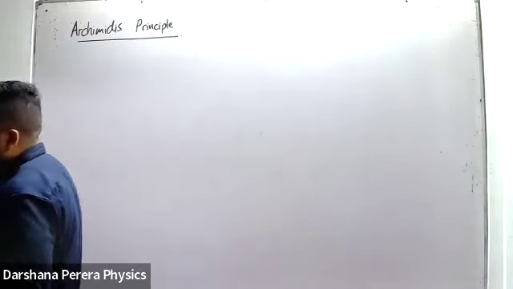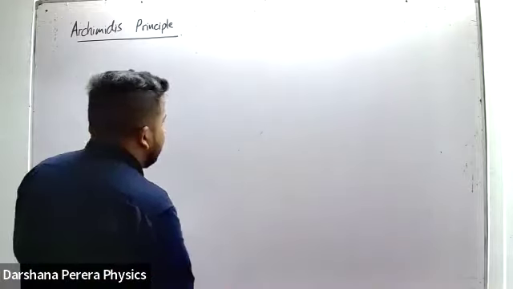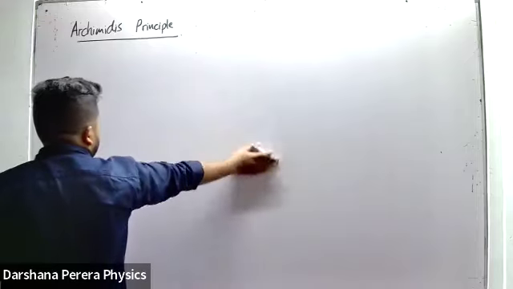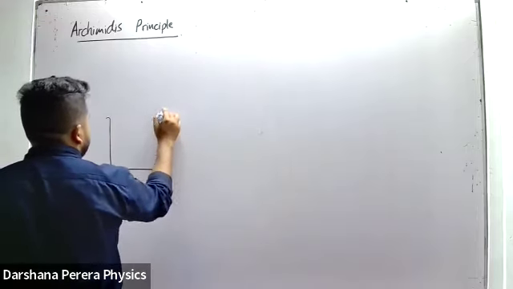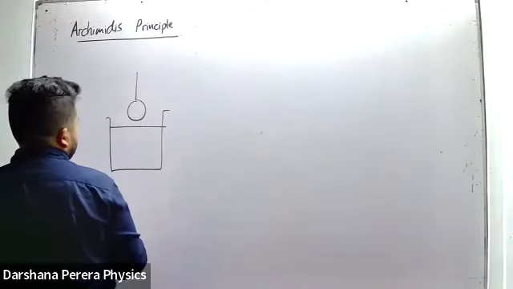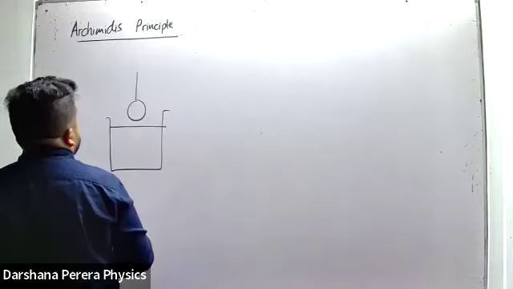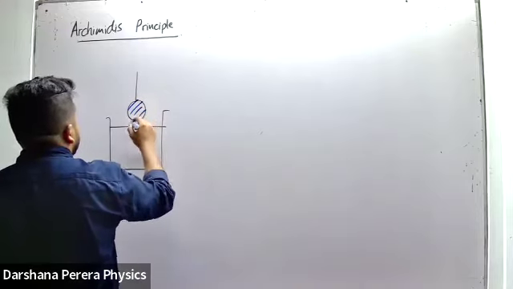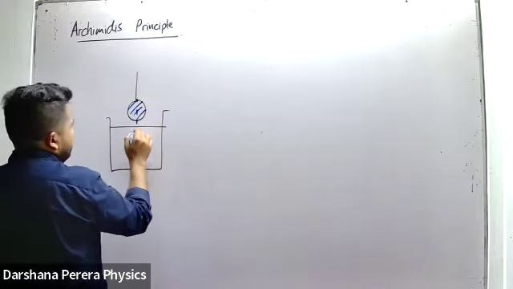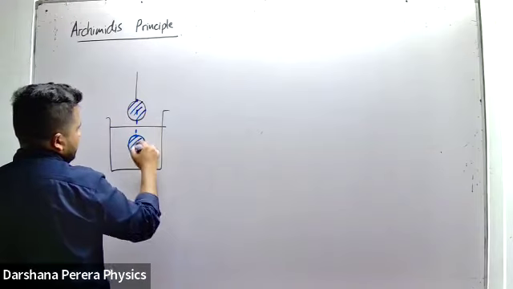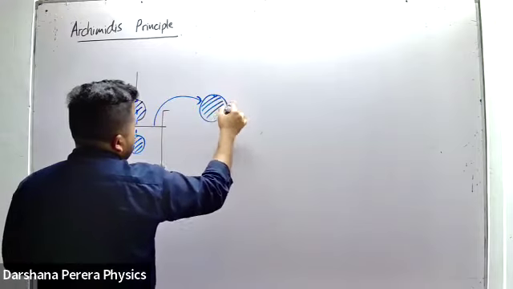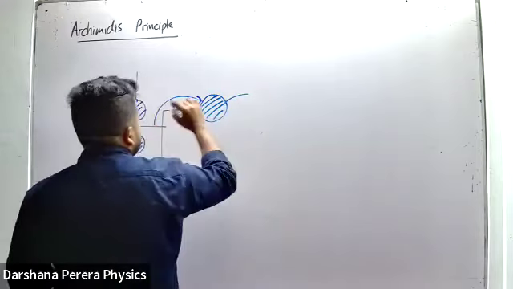right? Therefore, if I take the volume that is displaced, when we have a vessel like this and we submerge this object, it displaces some amount of water. It's equal to the volume of this object, right?